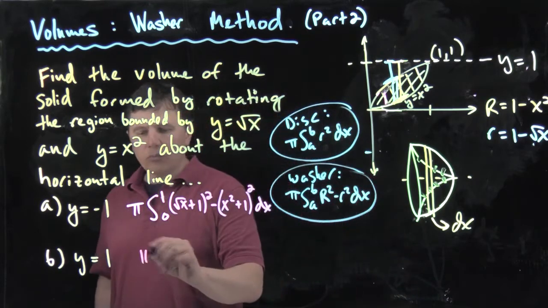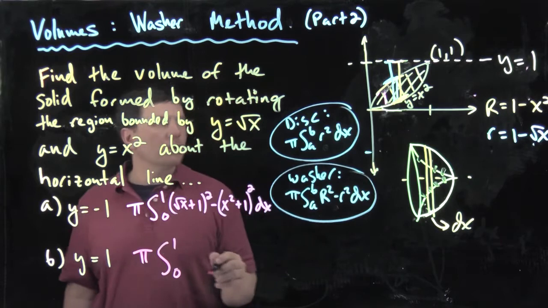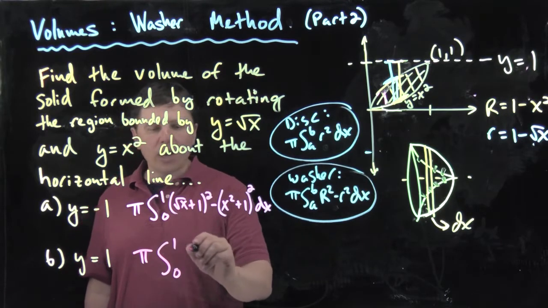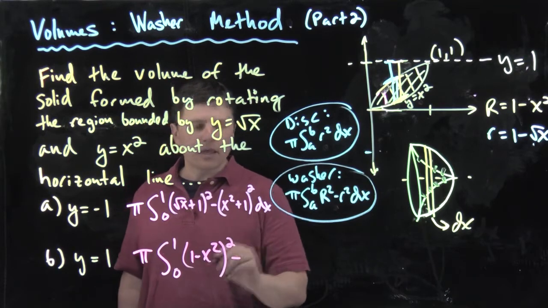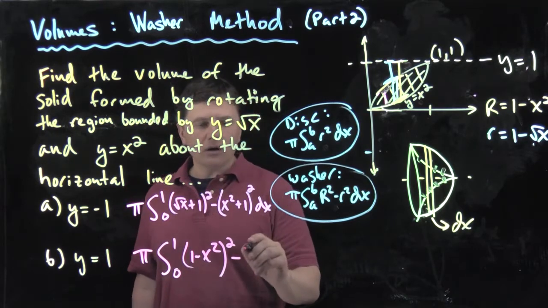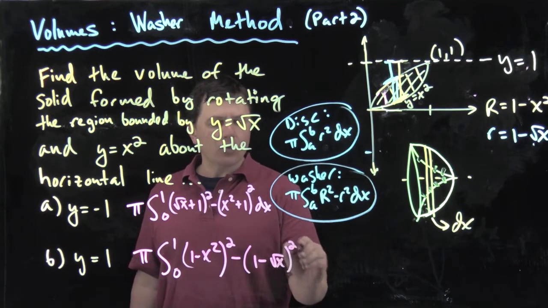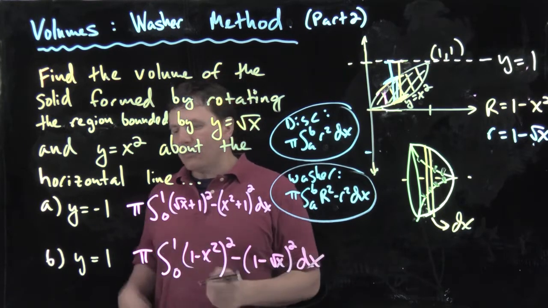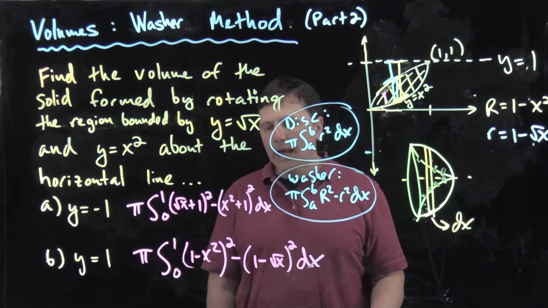Pi, integral from 0 to 1, big R will be 1 minus x squared, that quantity squared, minus little r, that'll be 1 minus square root of x, squared, dx, and that will be if we rotate around y equals 1.